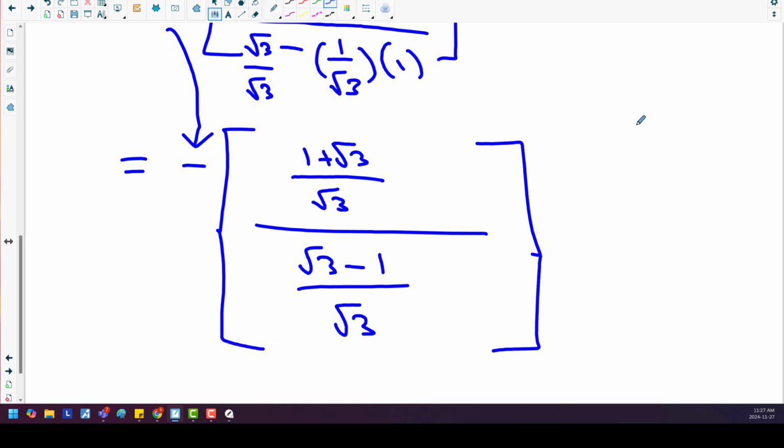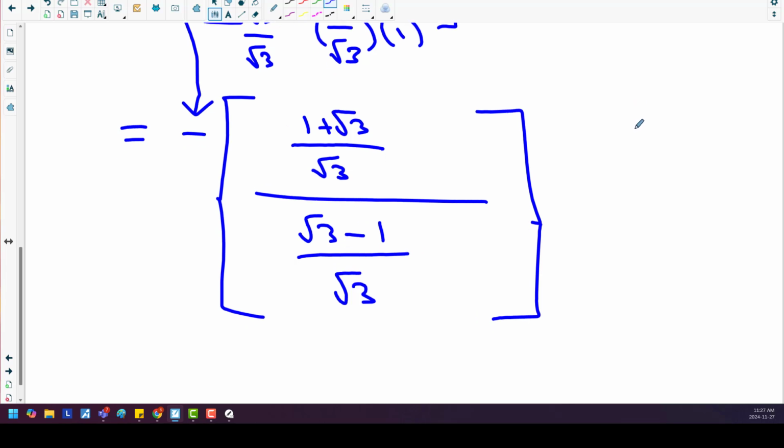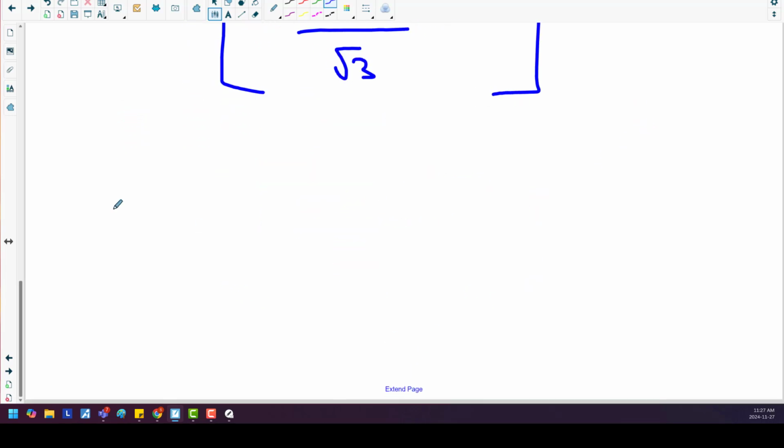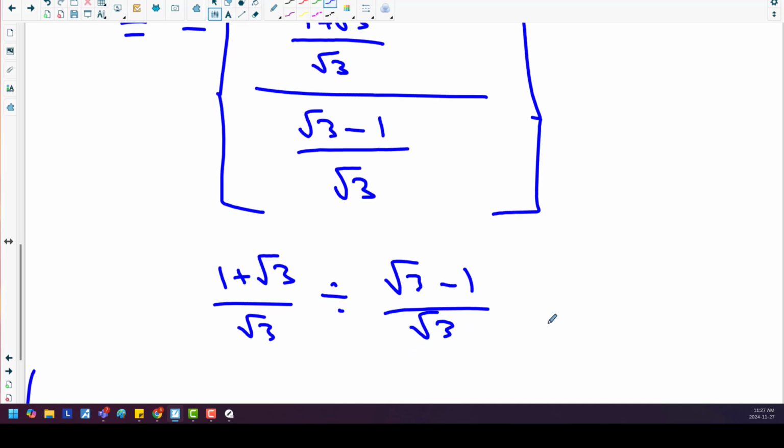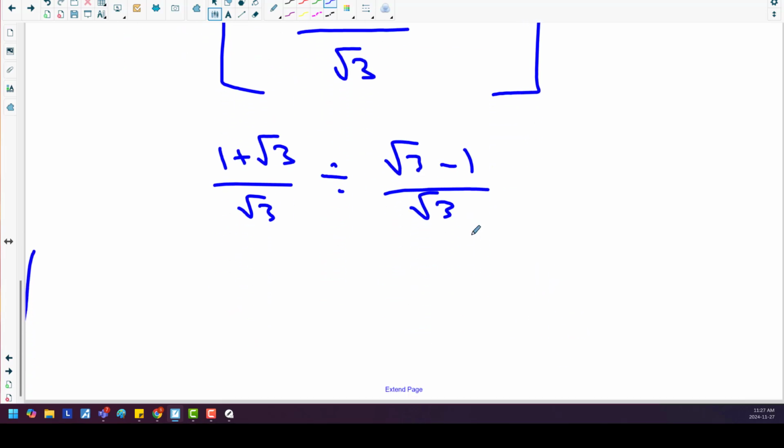And if you're confused on how to do this, just do it the long way, which is rewrite both fractions, because I know this is confusing for some people. When you're dividing fractions, you flip the second fraction and change the sign to multiplication.